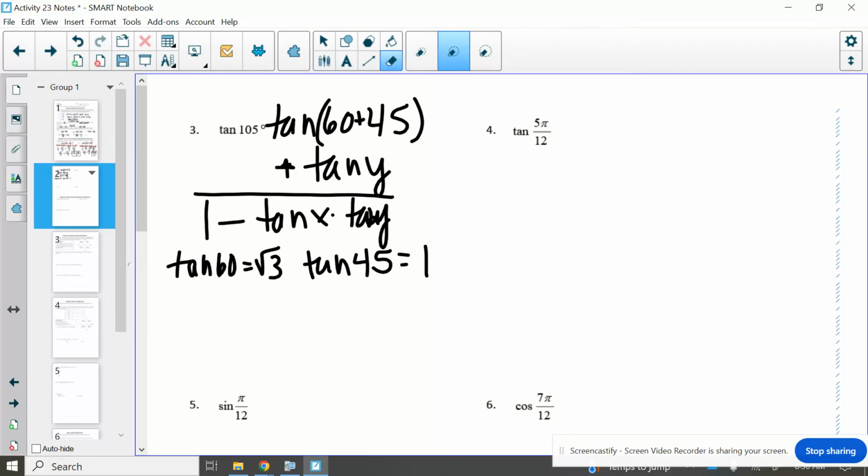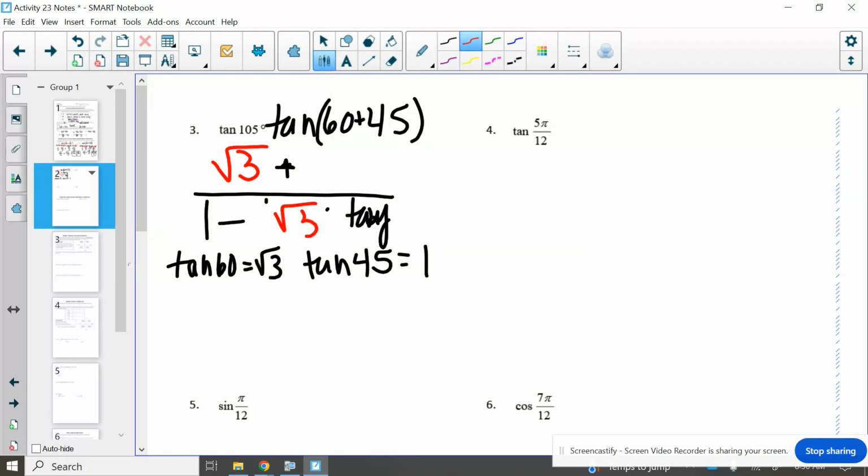So essentially, that's what we're plugging in here. Tangent of 60 degrees for the x value is going to be square root of 3. And then next here, we have tangent of 45, our y value, which is 1 for both of these.